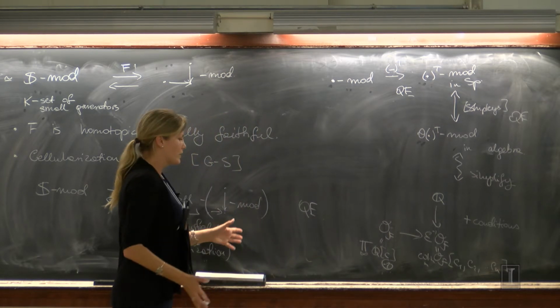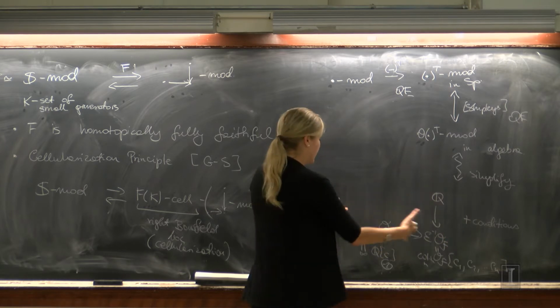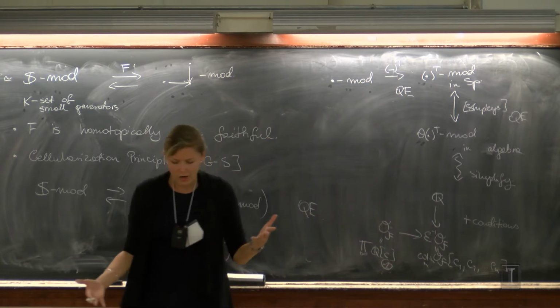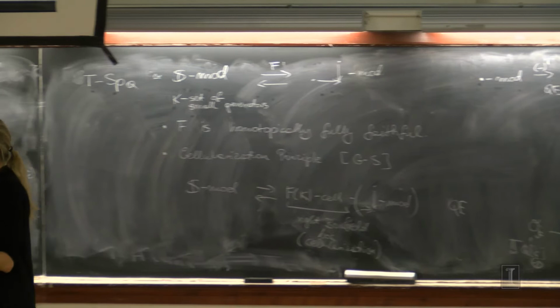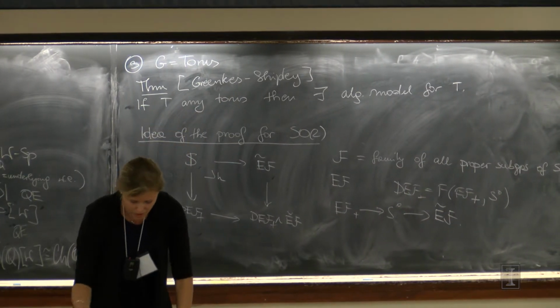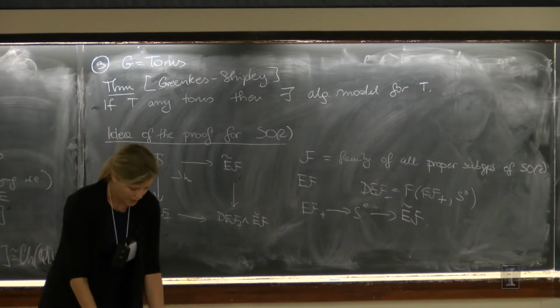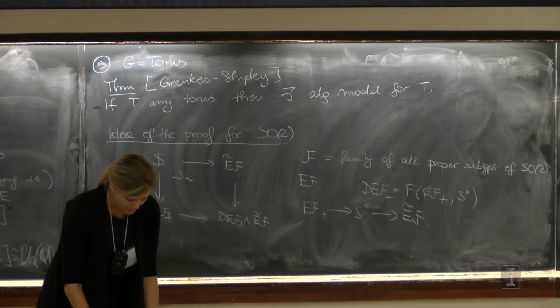It looks very complicated, but it's actually manageable. The conditions are also manageable. So you get information on what your rational T-spectrum is, really, by looking at the algebraic model. And it actually can be used to define some new cohomology theories, as John did quite a while ago.